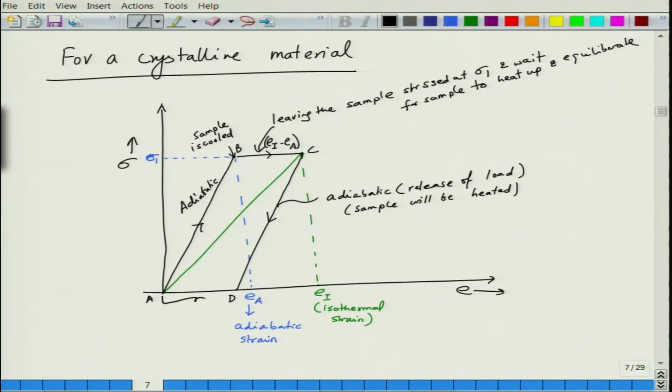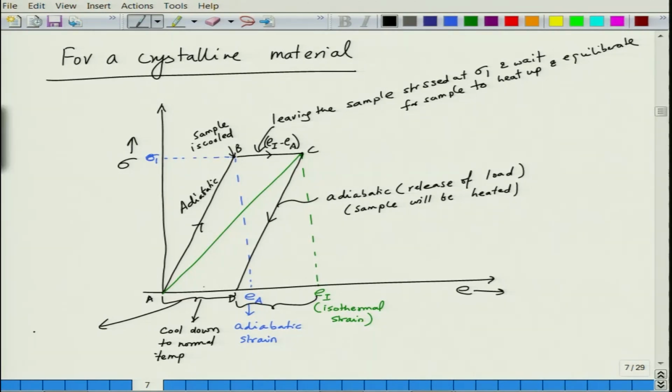And then again in this region it will cool down to normal temperature, and up to this point it will come back from EI to this value, and then it will again reach 0 strain when you leave it to equilibrate. So, this is how you will create a hysteresis.